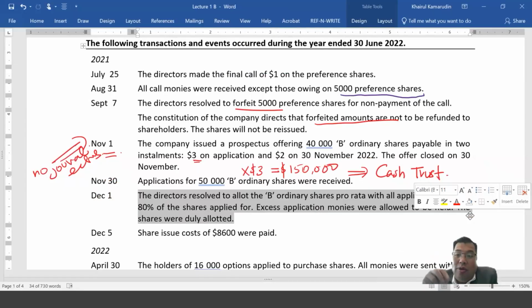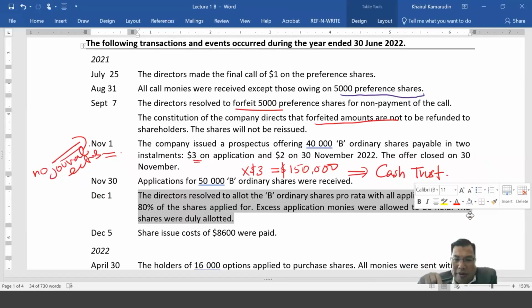If we don't do that, if we do first come, first served basis, there will be 10,000 applications that have to be rejected. And then we have to return the money from the cash trust to the applicants. Are you with me? We're going to reduce our applications and then return the money back to the applicants.